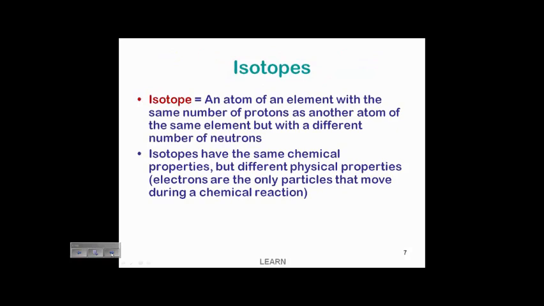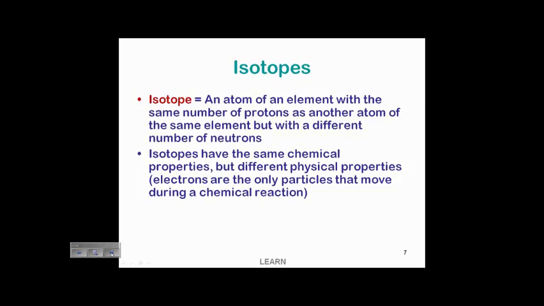I'm going to continue to use oxygen as my example here. Oxygen, we said, has 8 protons, but it doesn't always have 8 neutrons. It's always going to have 8 protons, but the number of neutrons may vary, and the variation is what creates an isotope.